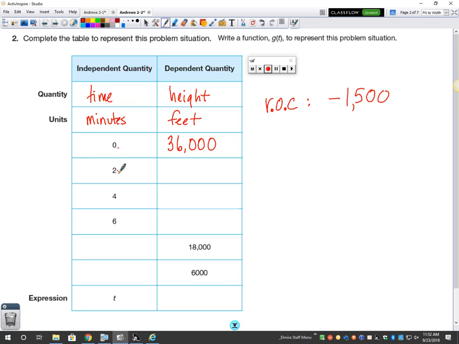If 2 minutes have gone by, then that's 3,000 feet that we've gone down. So if I take off 3,000 feet, that's 33,000. 2 to 4, 2 more minutes have gone by. So we're going to take off 3,000 more. 6, 3,000 more.